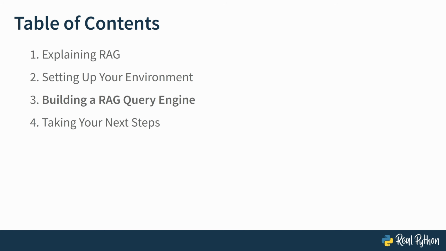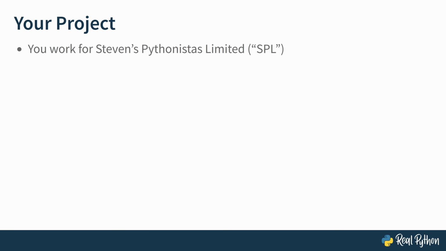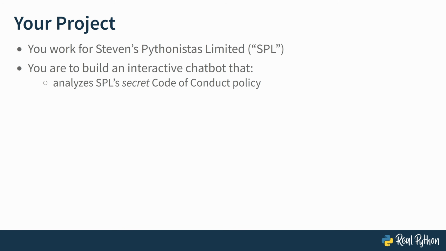In this lesson, you'll start building a RAG query engine, or rather you will be preparing for it, I should say, because we have to talk about the project first before you can dive in. So this project means that you work for Stevens Pythonistas Limited, which is a fictional company for the avoidance of doubt, and you are to build an interactive chatbot that analyzes Stevens Pythonistas Limited's secret code of conduct policy, and then allows staff to ask questions about this code of conduct.